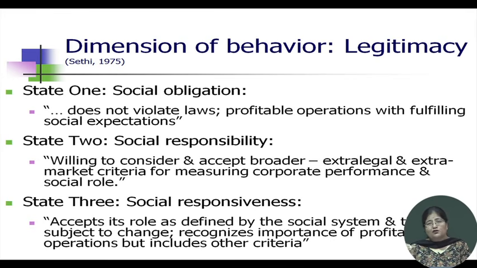When it moves to the second state, which is social responsibility, the same organization becomes willing to consider and accept broader extra-legal criteria, which means outside the purview of the law, and extra-market criteria, which means criteria that may or may not necessarily be along the lines of what the rest of the market is doing, for measuring corporate performance and the social role.